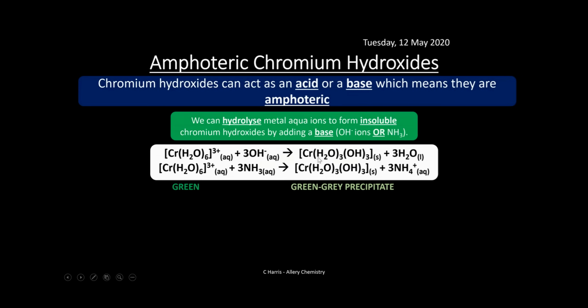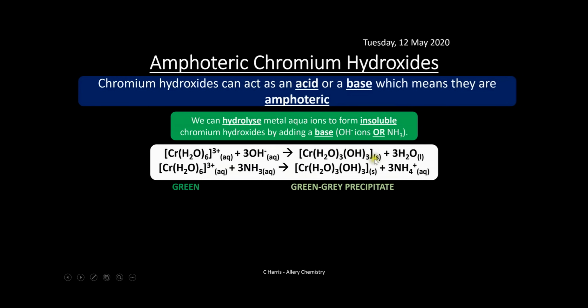Now, if you notice, and we'll look at this in a little bit more detail as well, we've got 6 ligands in total. 3 of them are water ligands, 3 of them are hydroxide ligands, and they form a solid complex. The reason why they form a solid complex is this now has no charge. Remember, this complex here had a charge, a 3+, but we've added 3 negative ligands, and that balances out the 3+, and it forms a neutral solid complex, and that's why we see a precipitate.